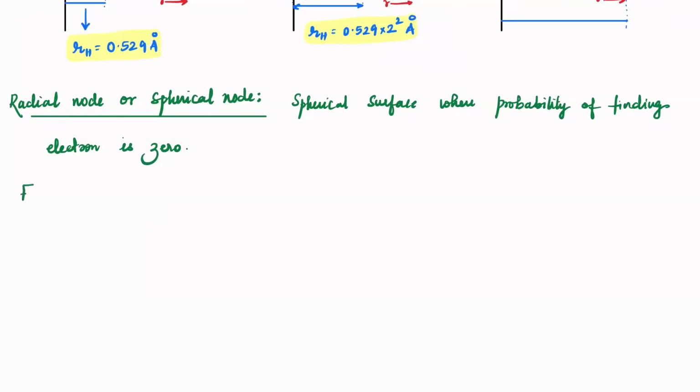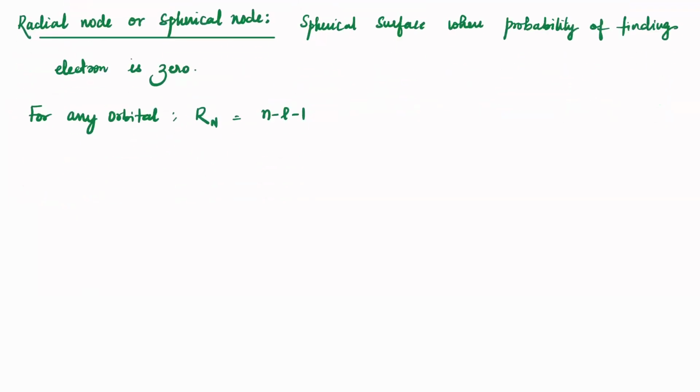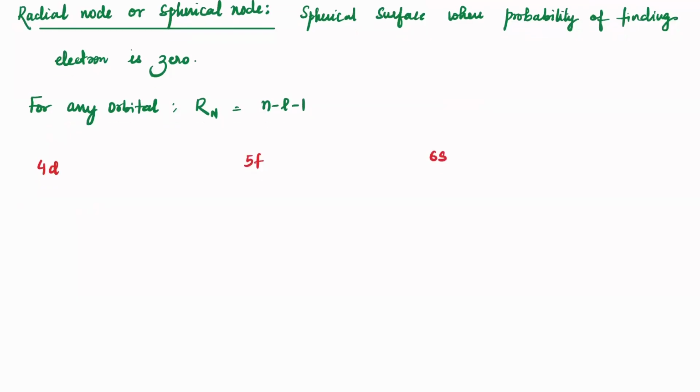So for any orbital, if I want to find the number of radial nodes, that will simply be n minus l minus 1. Let me give you some examples here. Suppose I have 4d, 5f, and 6s. How many radial nodes will there be here?